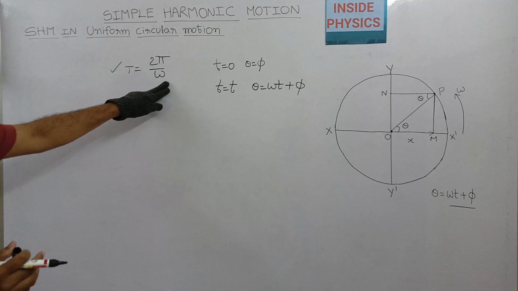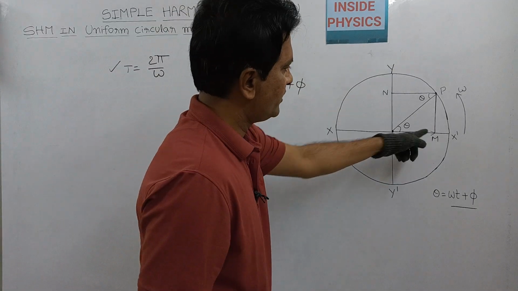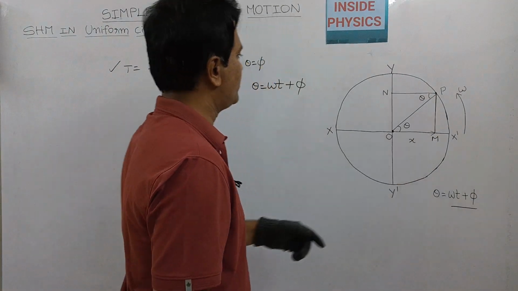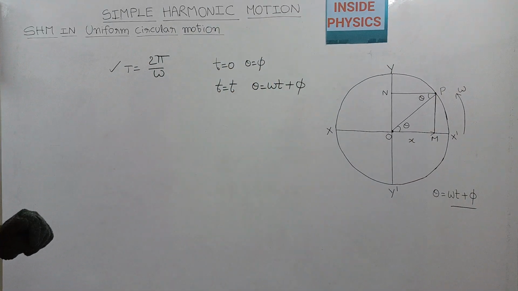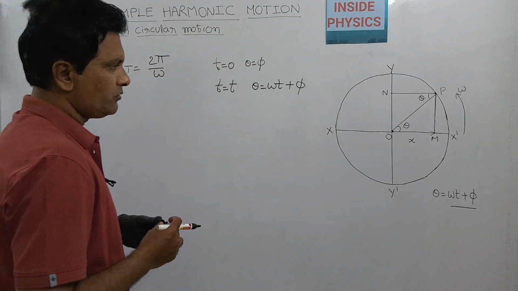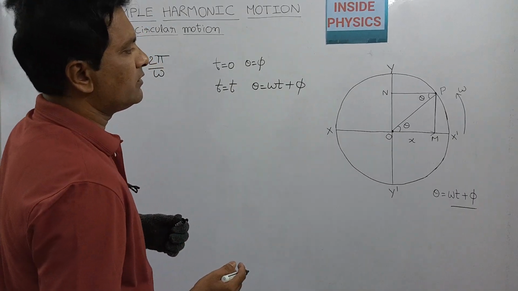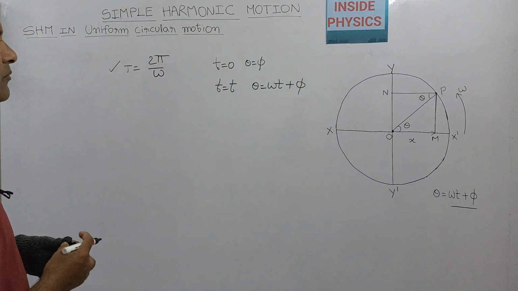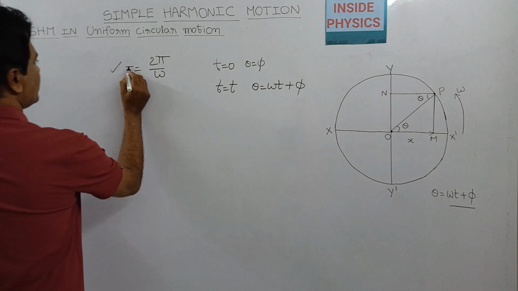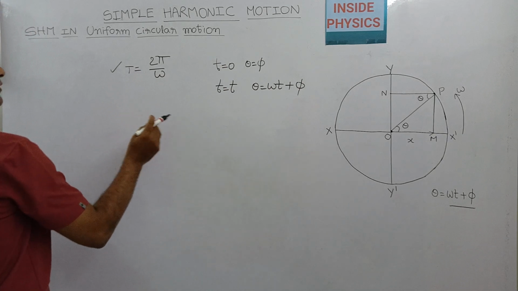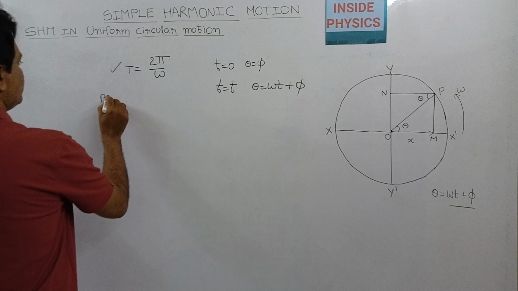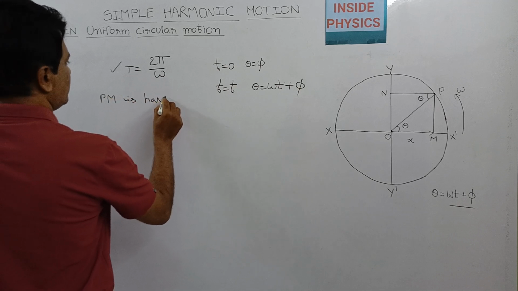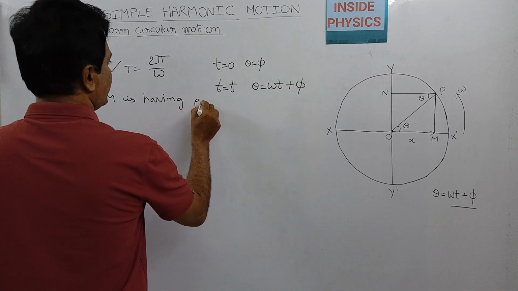So the time period of one oscillation of the projection is also T. Now we move to how the acceleration is considered next. Before that, with this assumption, we can say the projection PM is having periodic motion.